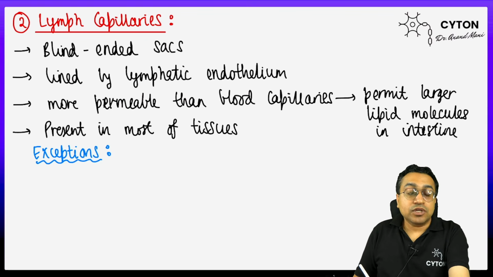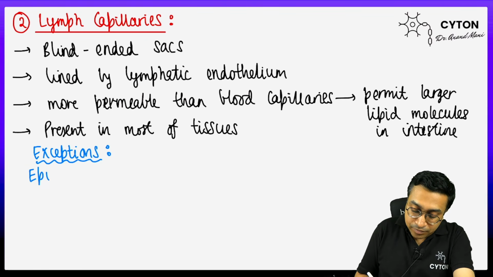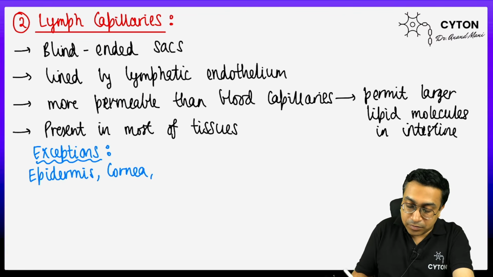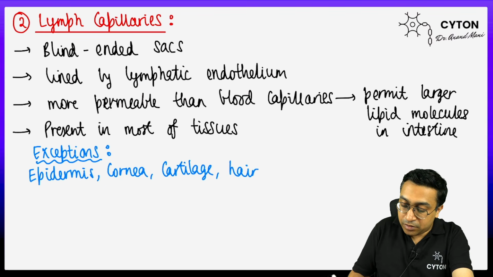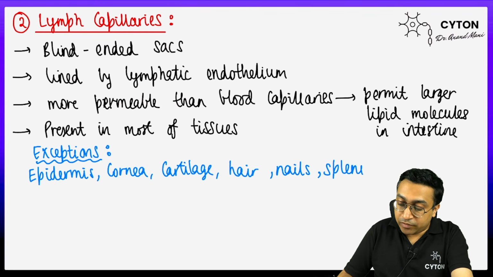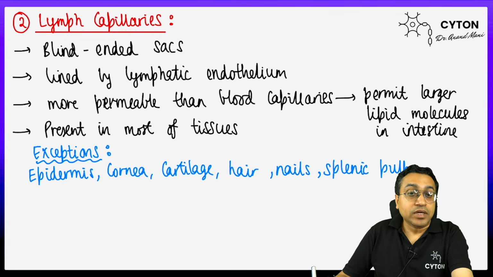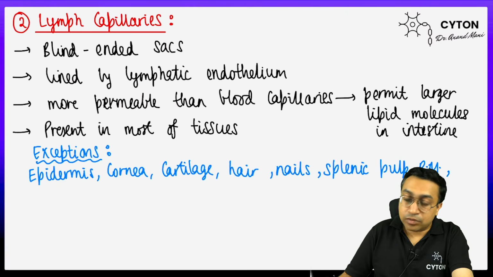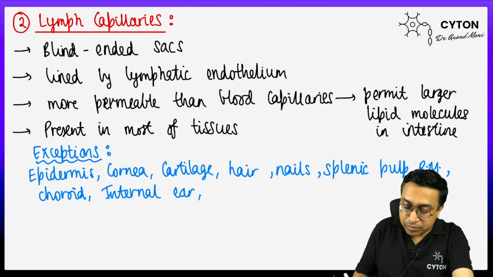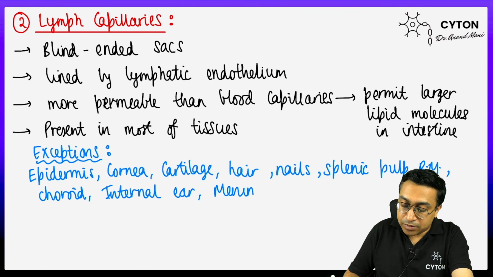The epidermis, cornea, cartilage, hair, nails, the splenic pulp, the bone marrow, choroid, internal ear, meninges, and the nervous tissue.